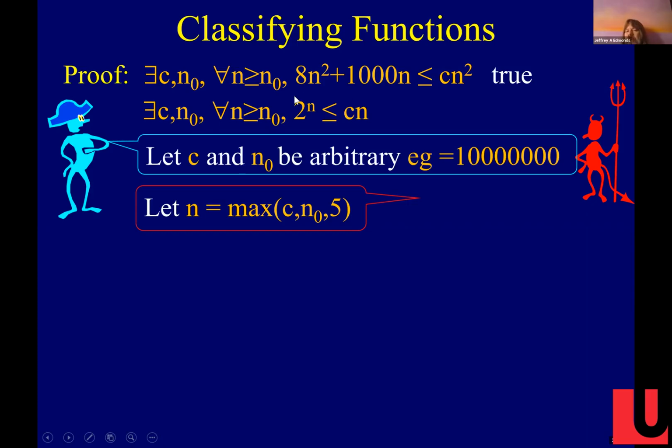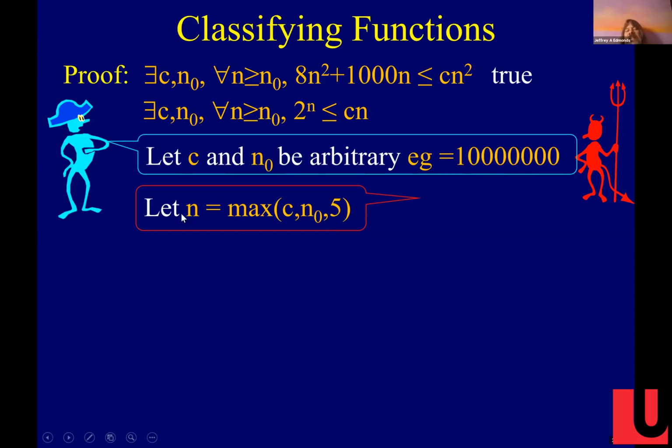So how do I beat him? I have to make this bigger. How do I make this bigger? I make my n be bigger than his C. He gives me a C of 1 billion, I make my n 1 billion, right? All right, now I also need the n to be bigger than his n naught.